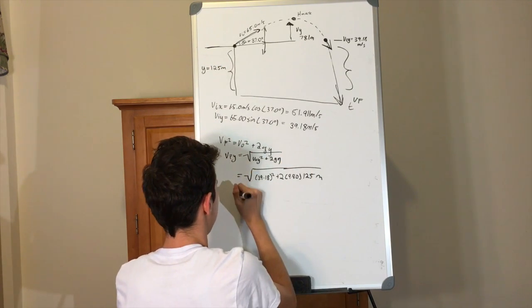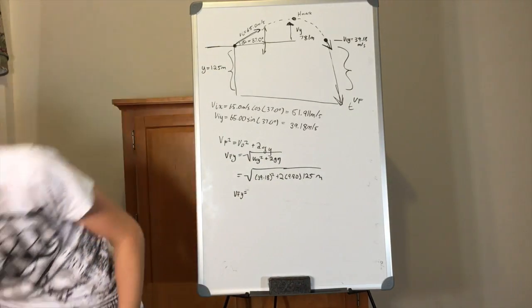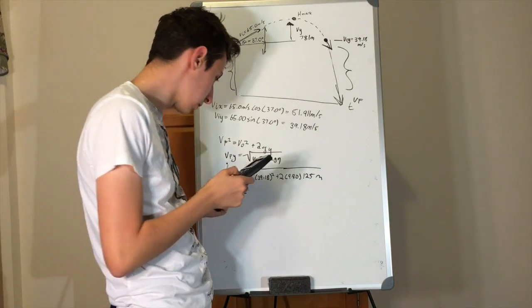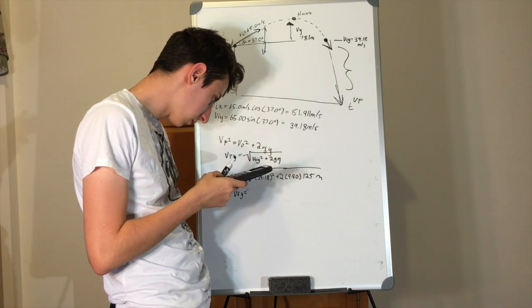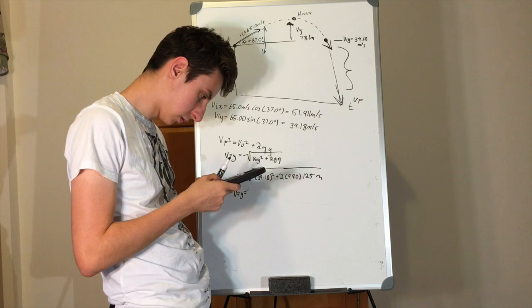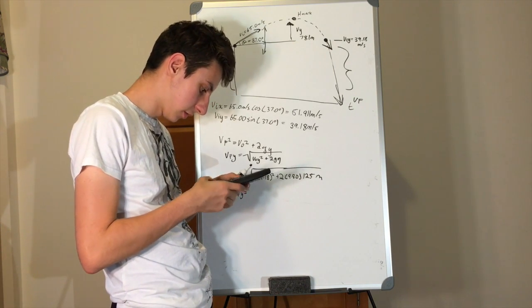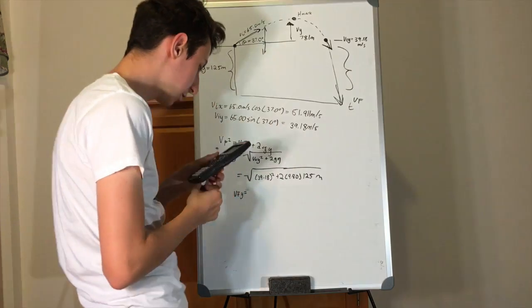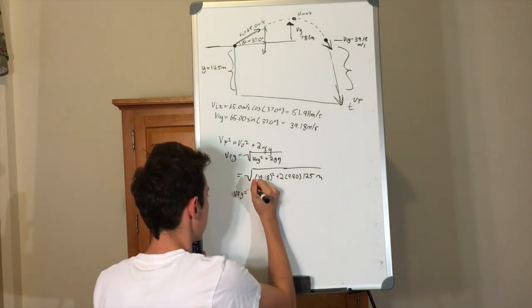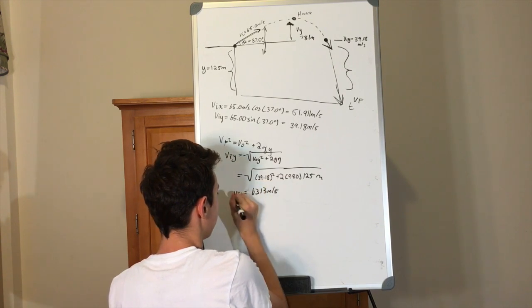And we get a final velocity in the y equal to, square root it, don't forget that, 63.13 meters per second. And this is in the y component.